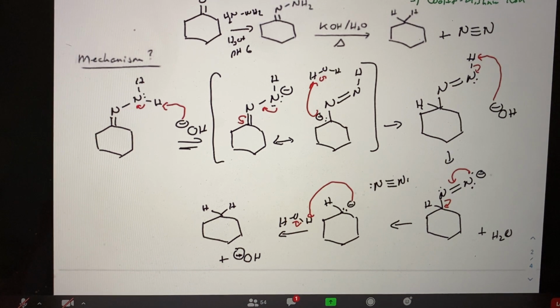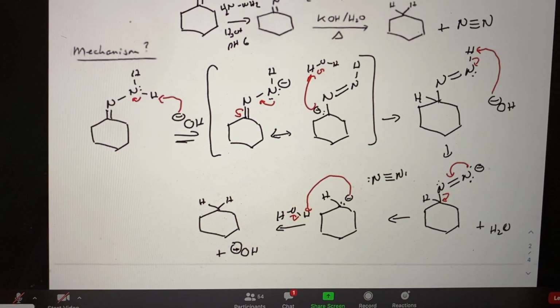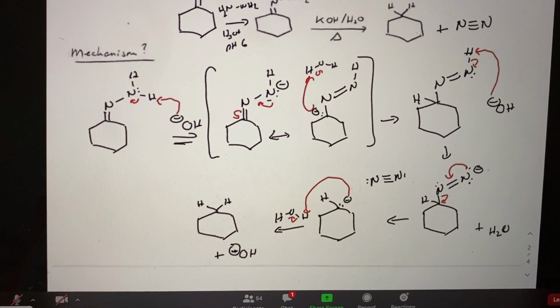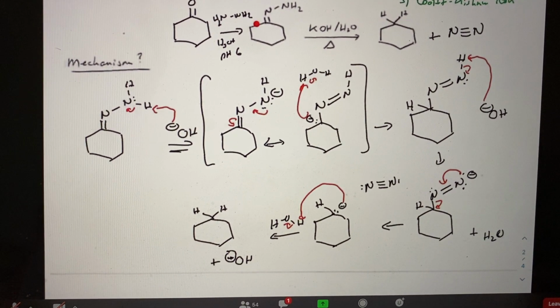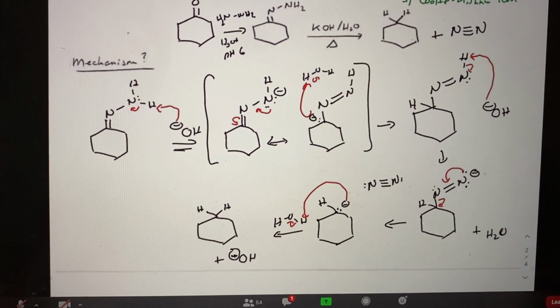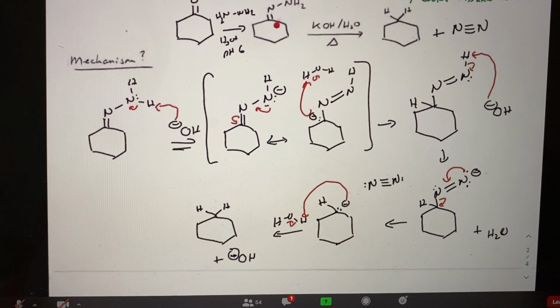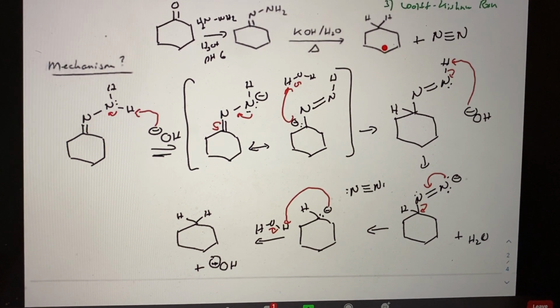So for this mechanism, again, don't memorize it, but the idea is to see something that looks a little bit different from what we've seen. Now, we could draw the mechanism for formation of the hydrazone based on our discussion yesterday. And now we see that once we form the hydrazone, in a strong base with heat, we end up with this cyclohexane.